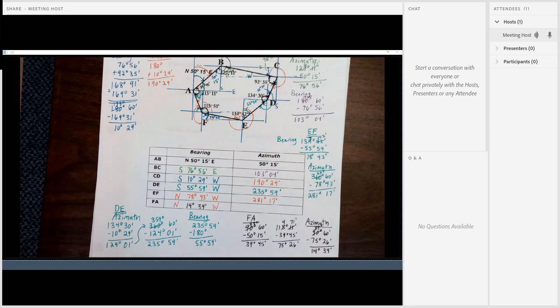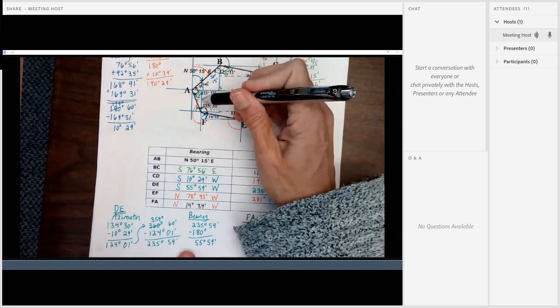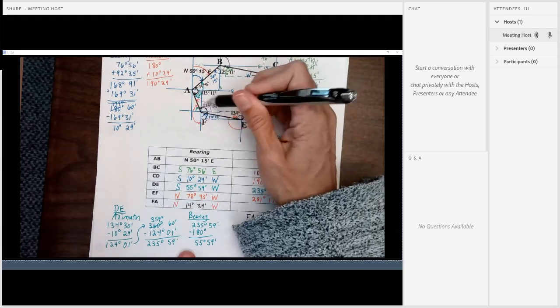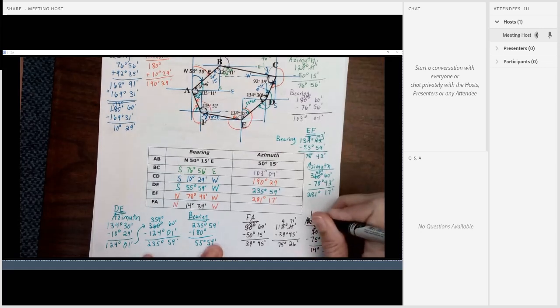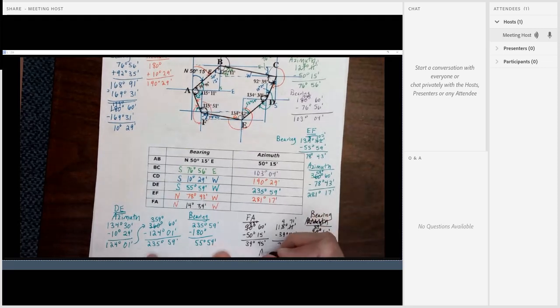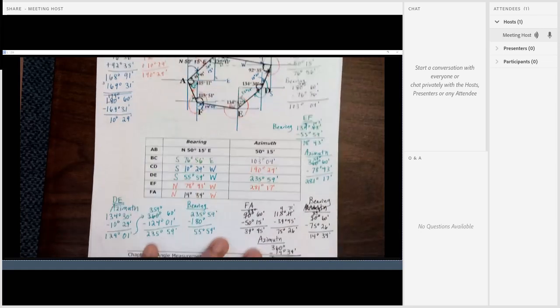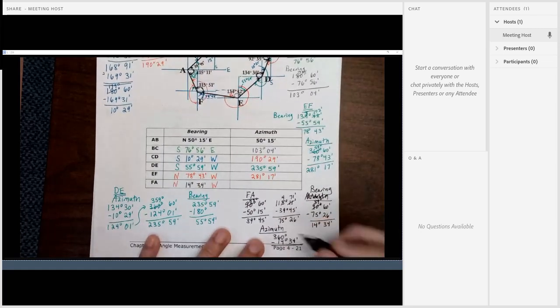And once I know the bearing, I can find the azimuth. I look at my drawing here, 360 minus that bearing will get me to my azimuth. Oh, I'm sorry, I should have labeled this bearing. Bearing was what I found there. Now I'm going to find azimuth. So now it's 360 minus that bearing, 14 degrees, 34 minutes. We'll go ahead and borrow from there. So 59, and that becomes 60.